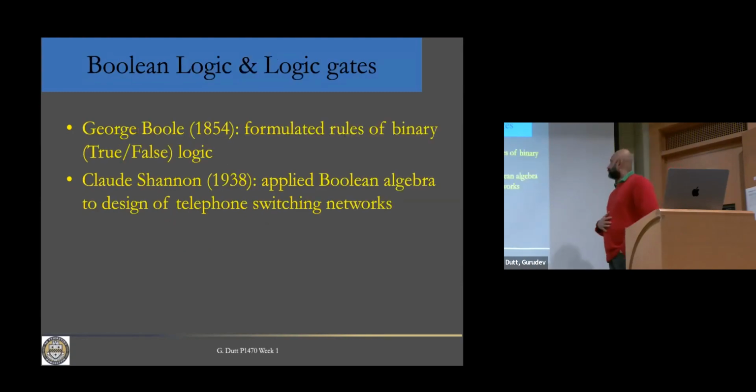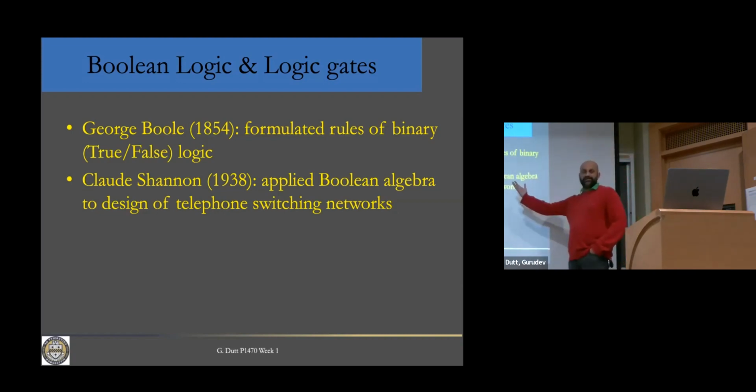Okay, so let's talk about Boolean logic. Boolean logic was first formulated as the rules of true-false statements in the field of logic, as a mathematical or philosophical branch. The mathematics of it was first formulated in 1854. And then in 1938, it was Claude Shannon, who's very famous in communications theory and information theory, who applied Boolean algebra.